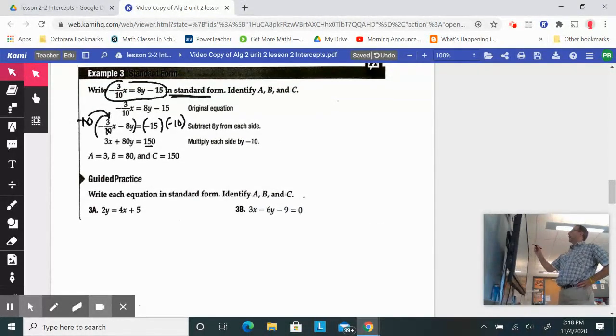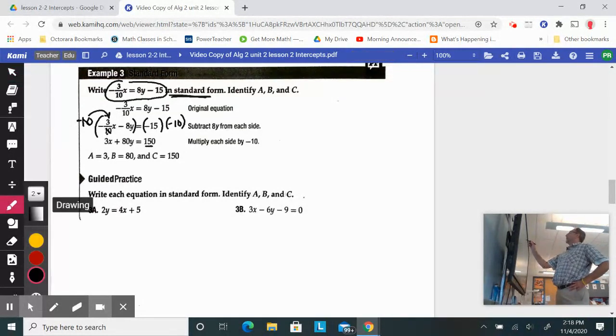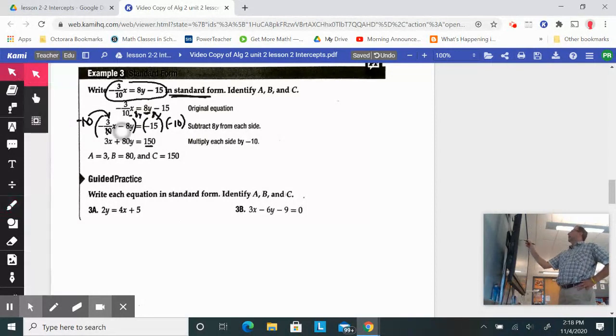And then let's see what we got here. Oh, I missed one part. In the very beginning, they moved the y's to the other side by subtracting 8y. It doesn't look like an 8, does it? But you subtract 8y to both sides. That's why now it's over here when it used to be on the right side. So you need to have the x's and the y's on the same side.